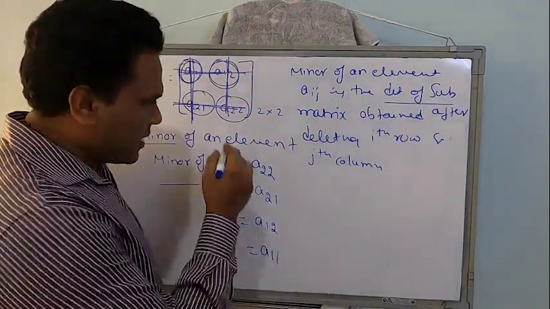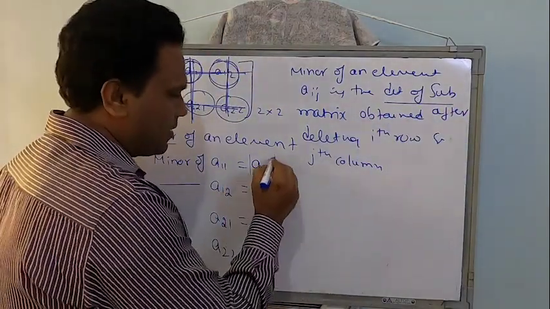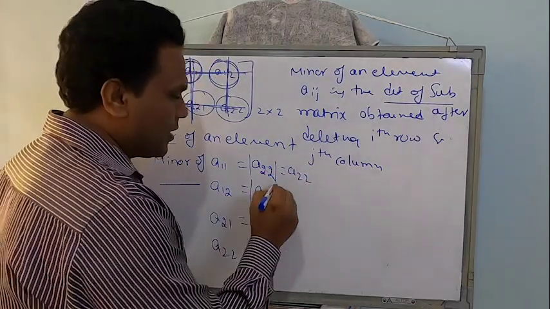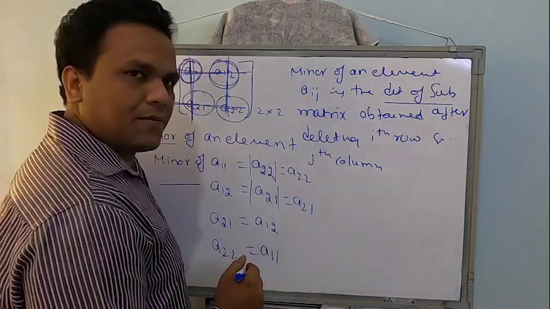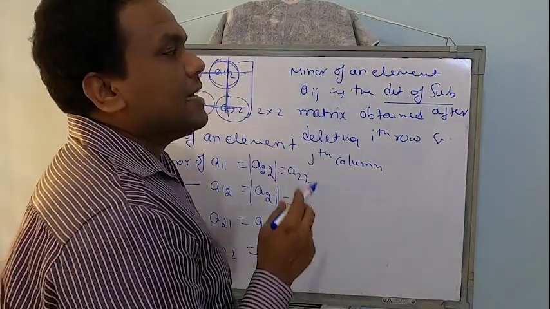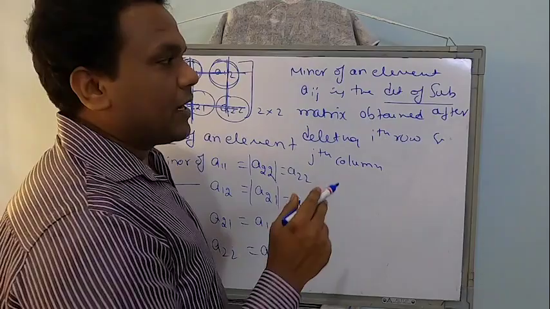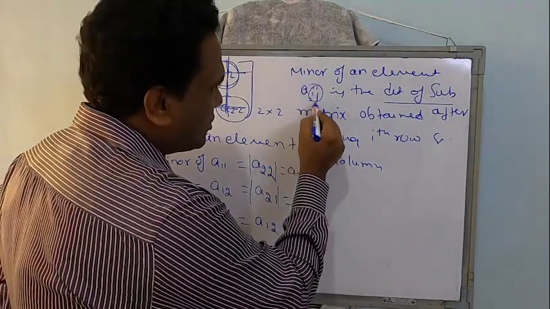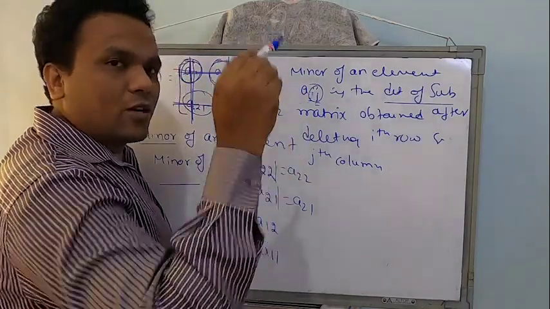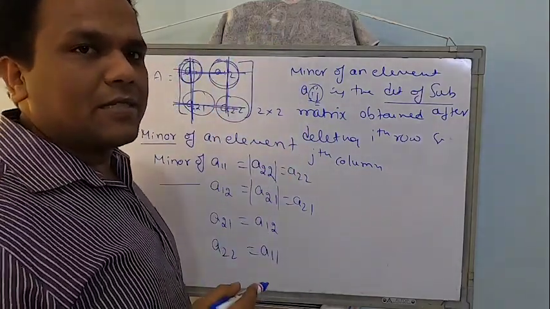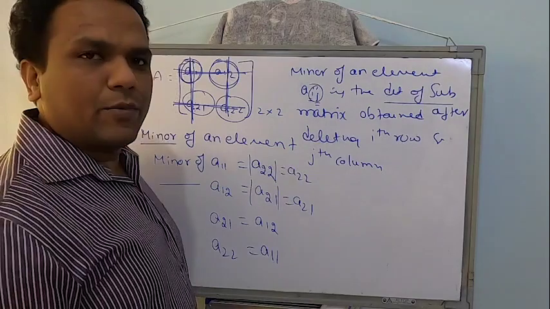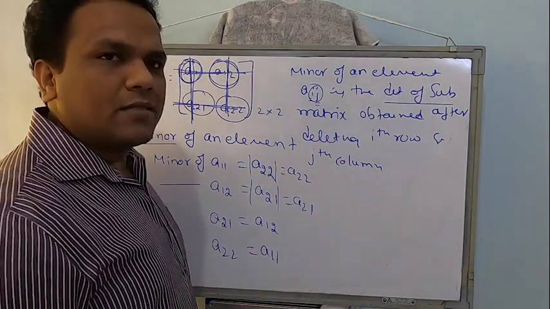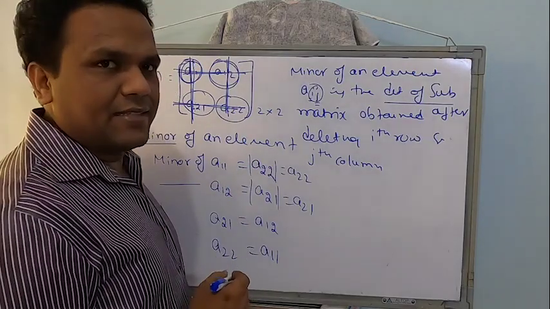Sir, you will be thinking, where did you take the determinant? Okay, fine. We know the determinant of a single element is nothing but the element itself, right? So the definition says it is the determinant of a submatrix obtained after deleting the ith row and jth column of the element Aij. Delete the column and row in which that element is present, and find the determinant of the remaining submatrix. Whatever value we get will be called the minor of the element Aij.